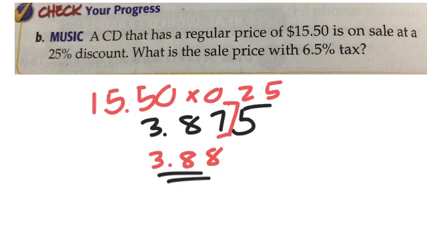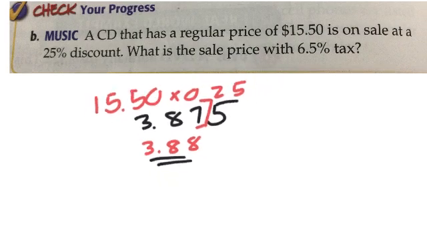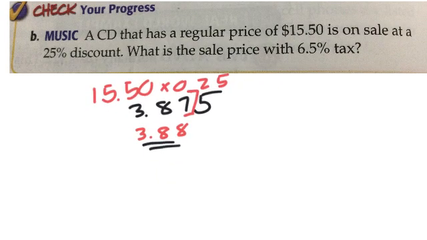Now what's this number? What does that represent? 3.88. I mean, how much discount? How much discount do you get? So what do I need to do with that then? Subtract that.